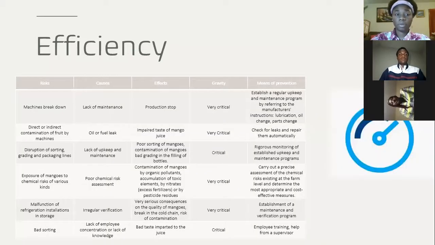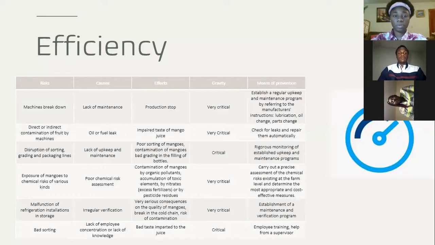Using the FMECA tool, we can analyze the failures that are likely to occur in the process, know the causes, examine the effects and their criticality in order to make the system more productive and efficient. We have used this table to illustrate some of the most common problems. For example, a risk: machines can break down because of lack of maintenance.